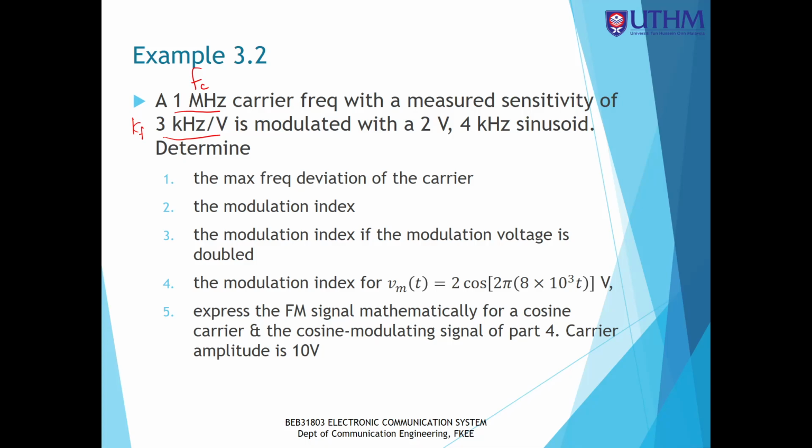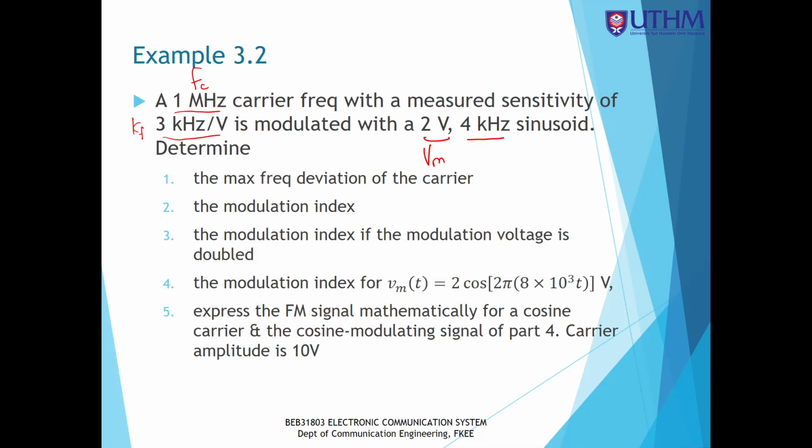Then this carrier is modulated with another signal, which is a sinusoid signal, a sine function signal, and this sinusoid signal has a peak amplitude of 2 volt. This is VM, and the sinusoid frequency is 4 kilohertz.